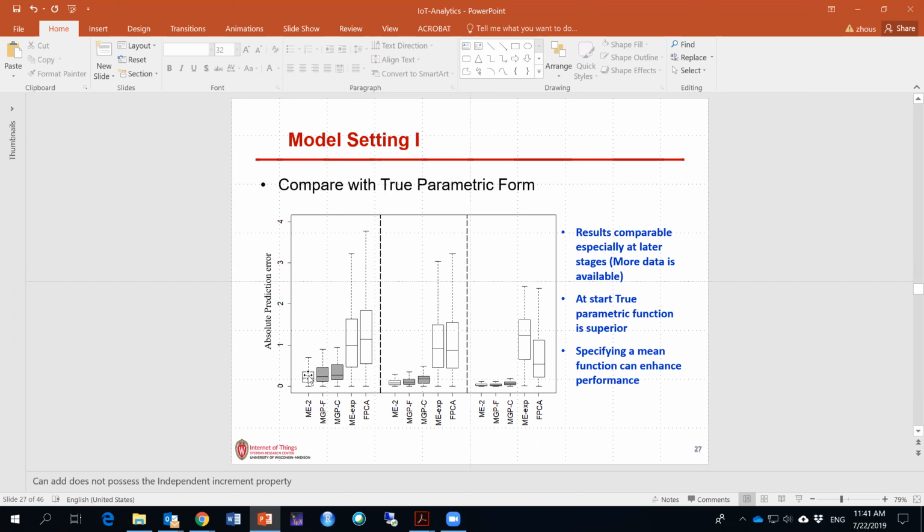The mixed effect model-based method is the best. This is not surprising because we have a limited number of parameters to estimate in the mixed effect model approach, and the underlying function form is correct. Of course, we get the best estimation and prediction.